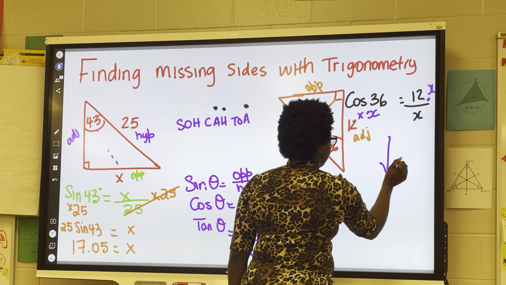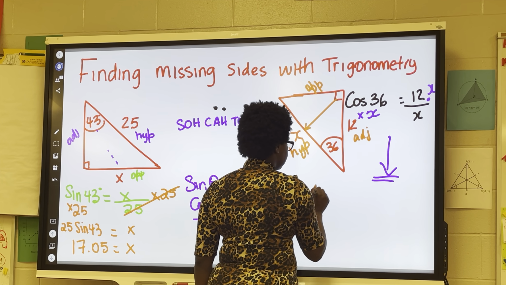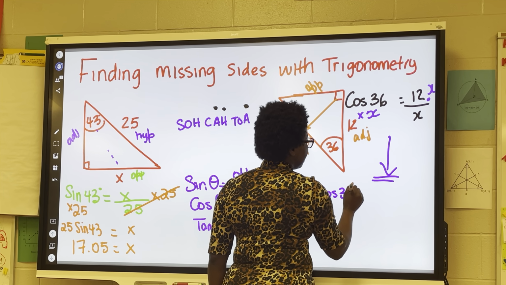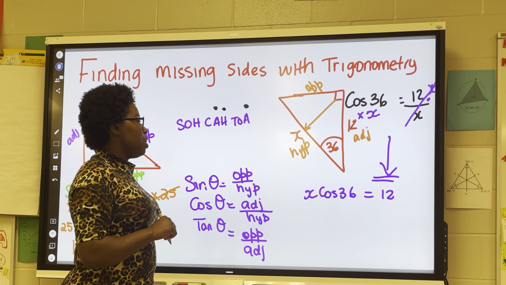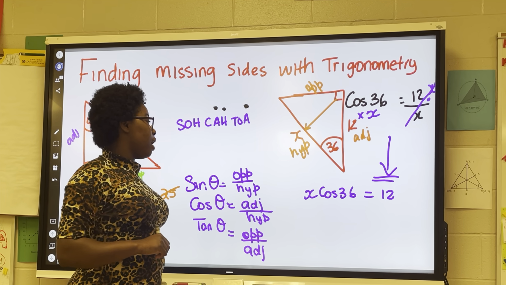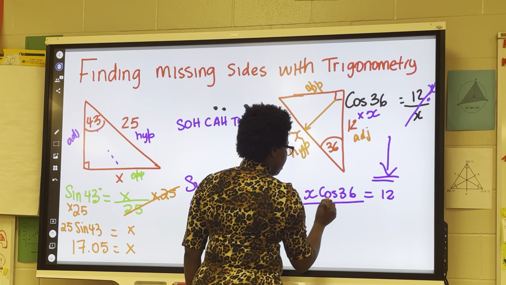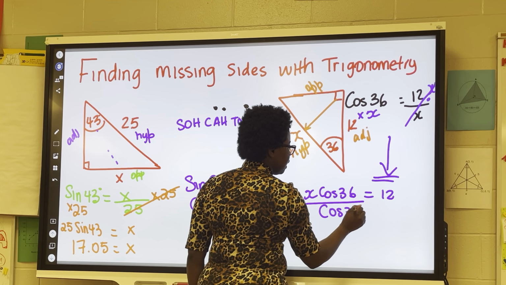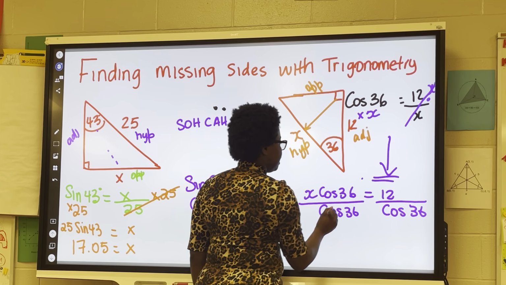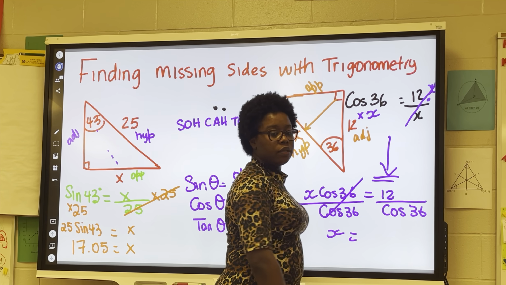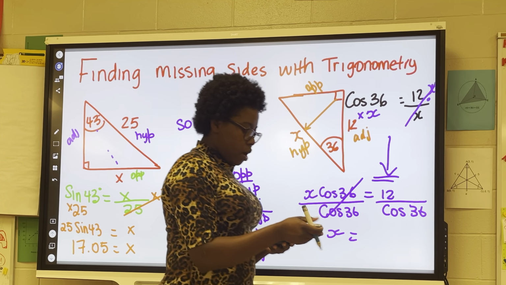So x cos 36 is equal to 12. Now they are multiplying, so we need to divide by the cos of 36. That cancels, so x is equal to 12 divided by cos 36.